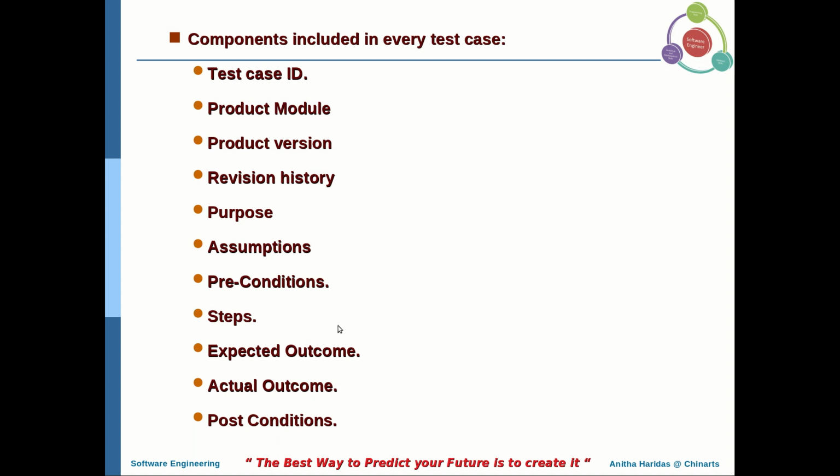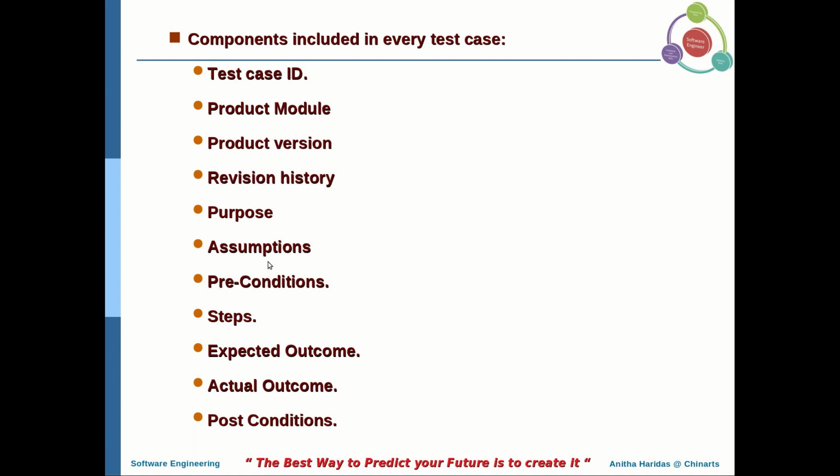You will have the ID and you specify in which particular module you are going to do this testing and what is the version of that particular software product. Any revision history is there. Suppose you are going to write the test case for version number 2, and why you have revised it, what are the additional features in the new product, that can be mentioned here, and what is the purpose of this particular test case.